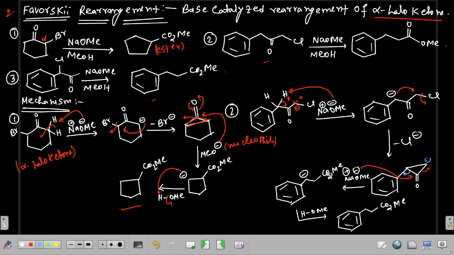That's why this bond is breaking this side only, so the anion will form here. This anion will abstract the proton, and it leads to the removal of this methoxide and the formation of this ketone, not an ester.